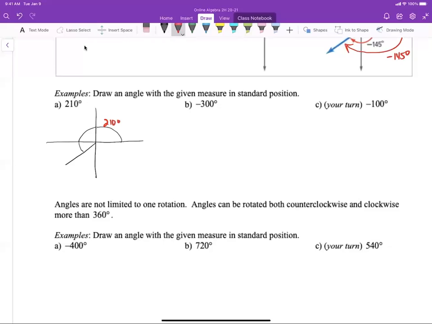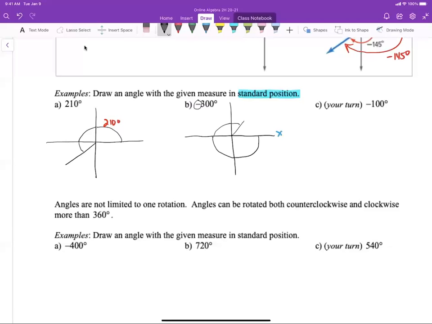B, I have an angle that will be at negative 300 degrees, and again, the instructions were in standard position. Standard position will have us start at the positive x-axis. I will start to rotate in the negative direction, which is clockwise. I have gone 90, I have gone 180, I have gone 270, and I need to go a little bit further.